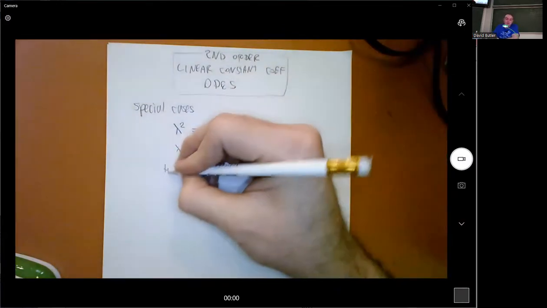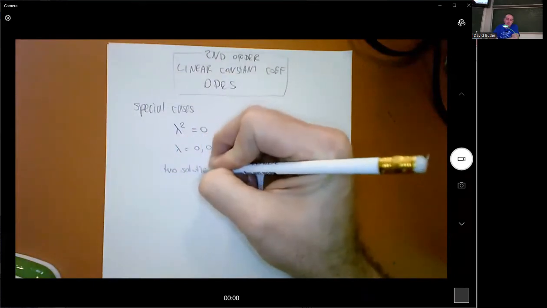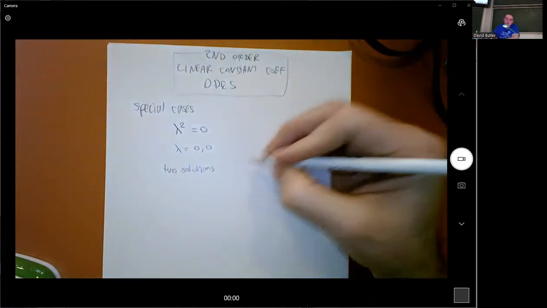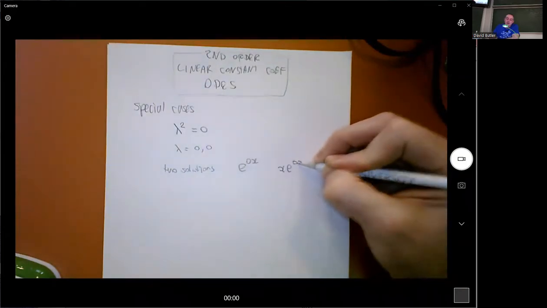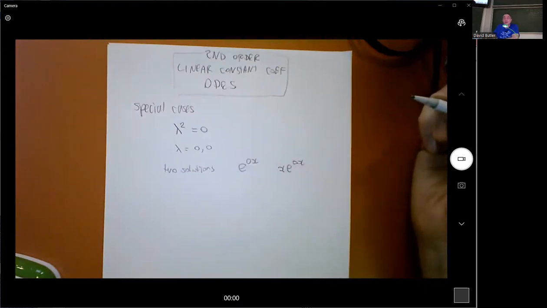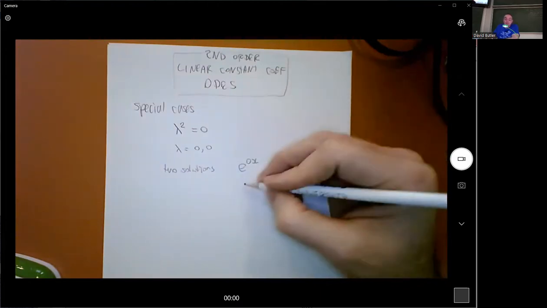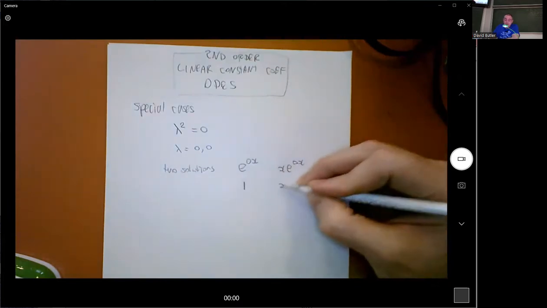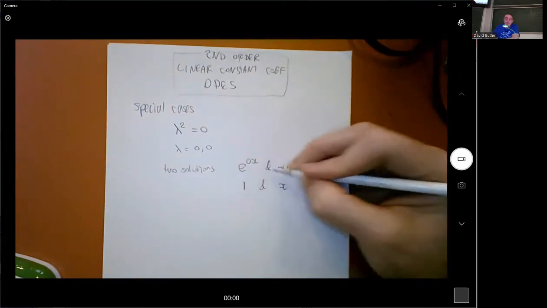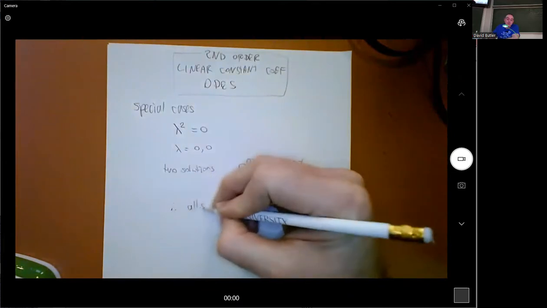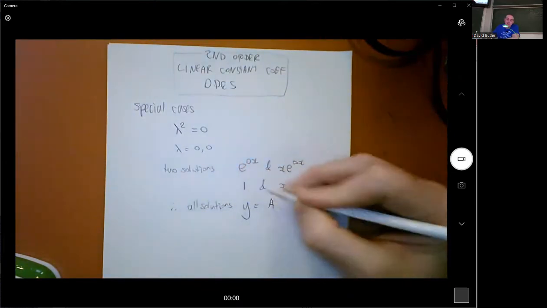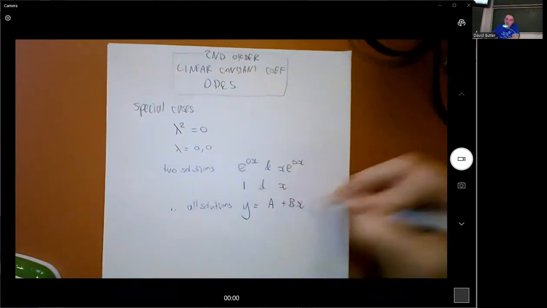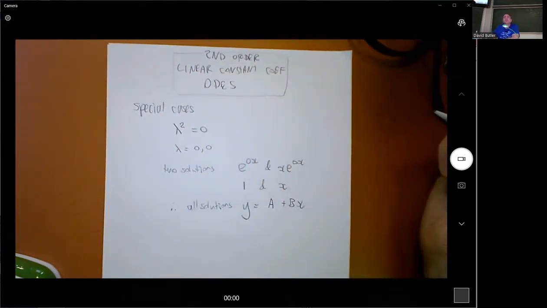And so the two solutions would be e to the 0x and x e to the 0x, right? That's how you do it. And so therefore, which is just 1 and x times 1. And so therefore, all solutions would be something times 1 plus something times x. It's so neat, right?